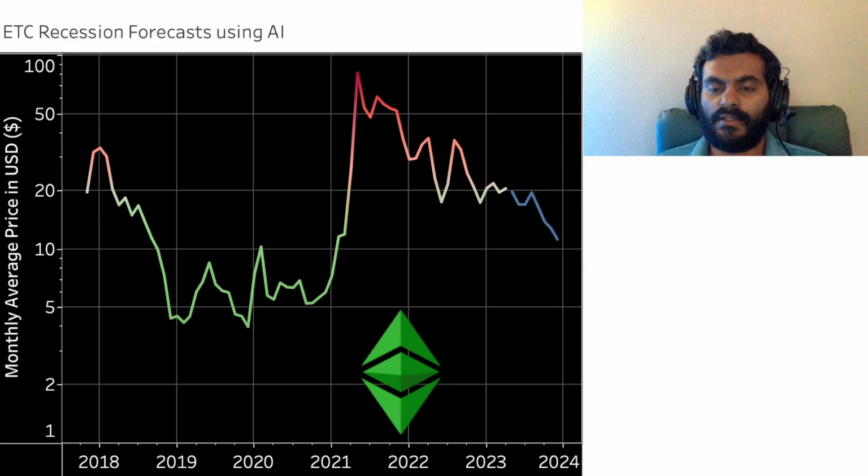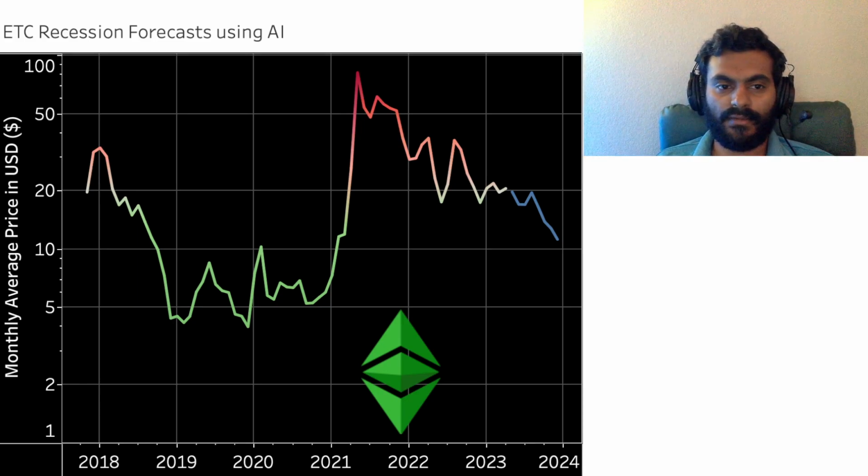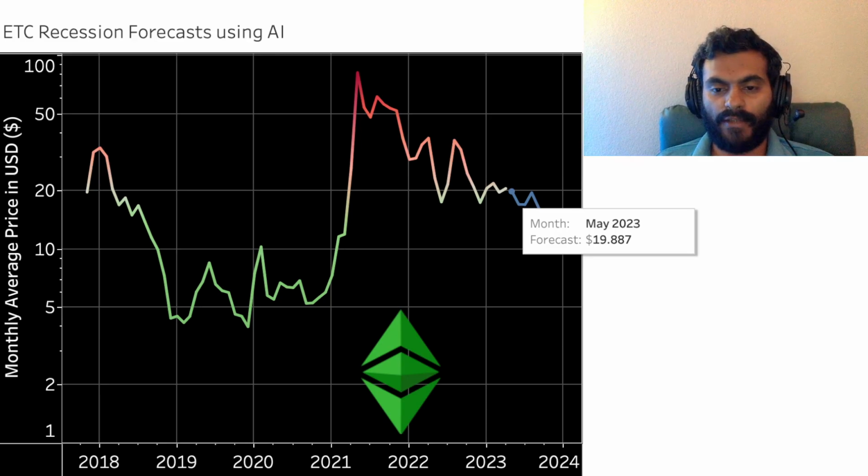Coming over to the recession scenario, the model assumes that we get a recession right away. That's why we have applied one standard deviation to the downside while considering the forecast for this token. So the actual timelines may differ. Consider May as the first month of recession.